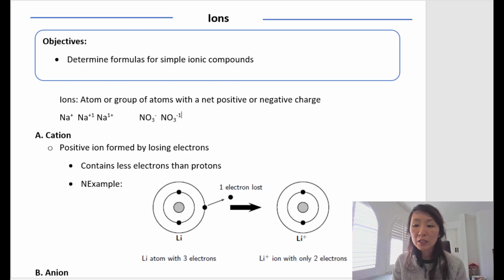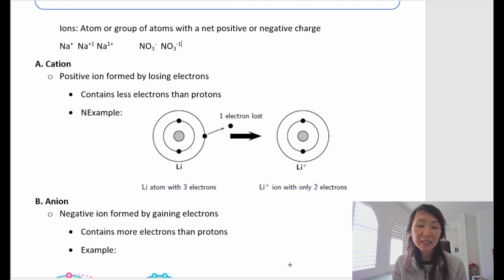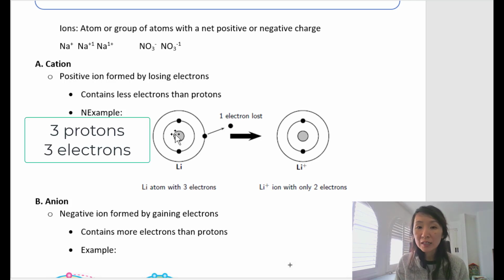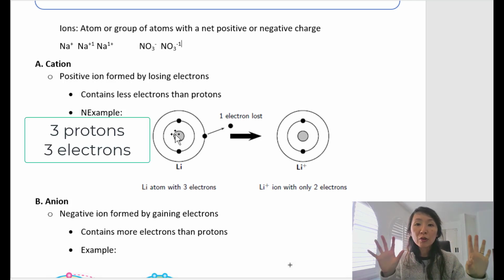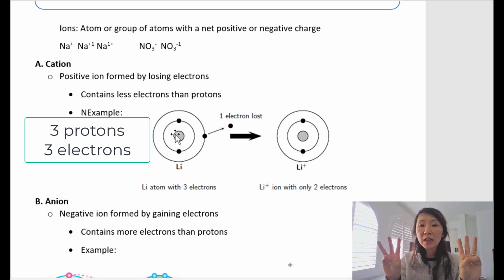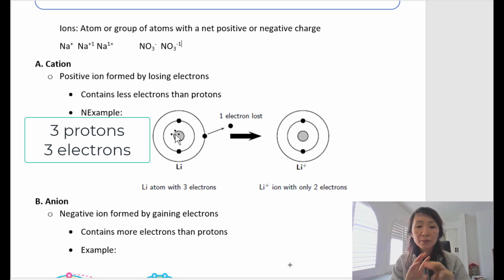Let's talk about positively charged ions, and they are cations. So cations are something with a positive charge. Take, for example, lithium. Lithium in your periodic table, you'll see that it's number 3. It's saying that there are 3 protons in the nucleus, and so if it's a neutral atom, there are 3 electrons. 3 positives and 3 negatives cancel each other out.